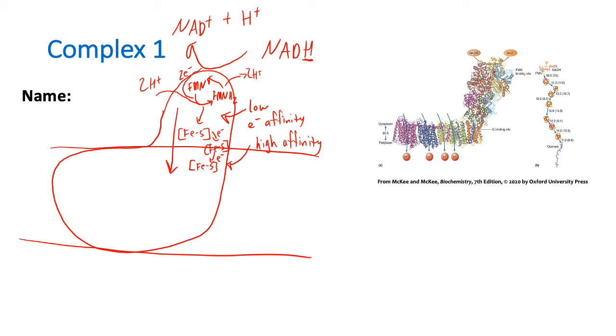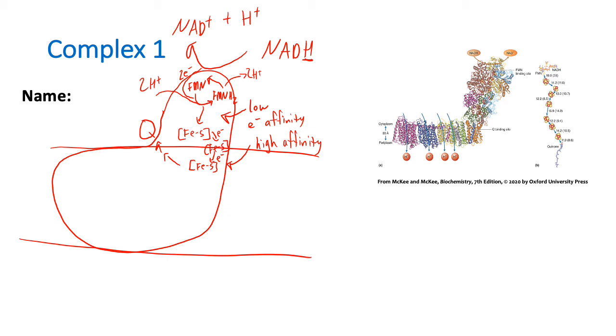Okay. Now, the electron's getting passed around this complex until it eventually finds its way. It's still going through the iron sulfur clusters. And then you have Q right here. Q is coenzyme Q. As I said, we're going to talk a little bit more about that in just a little bit. But Q is called coenzyme Q. It's also called ubiquinone.